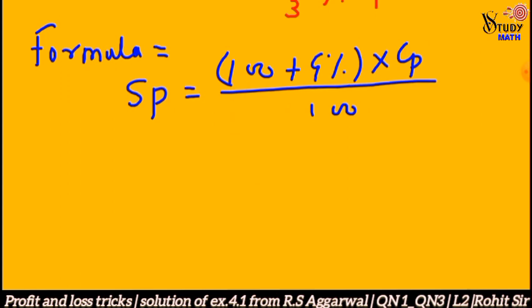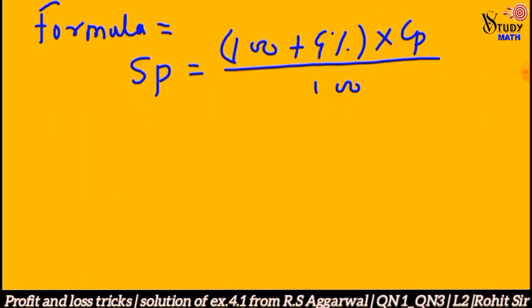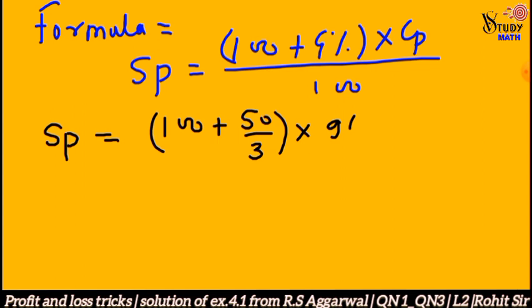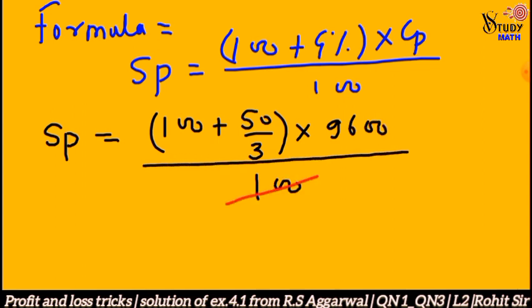So now fill all the values given in this question. So SP will be equal to 100 plus 50 by 3, small bracket close, multiply 9600 upon 100. 100 cuts 9600 96 times. Now here take the LCM.